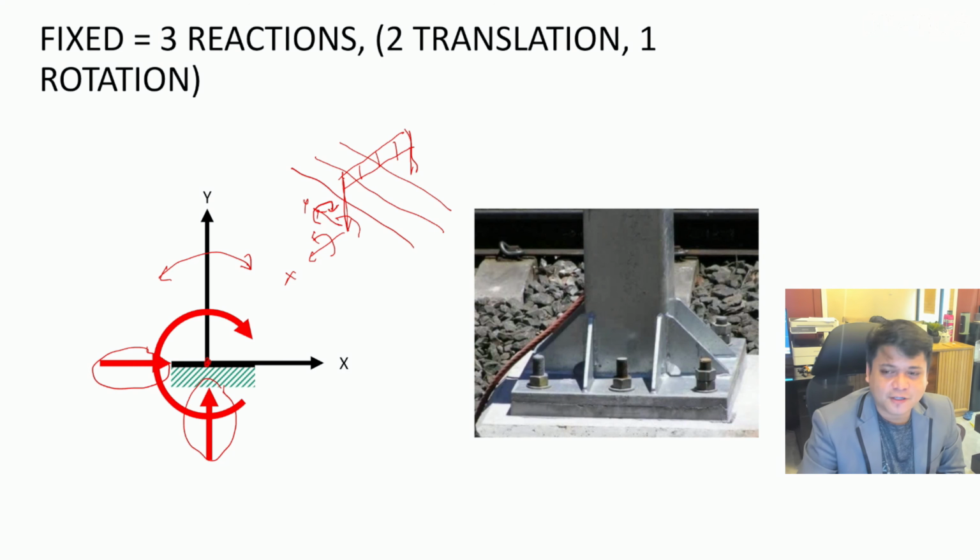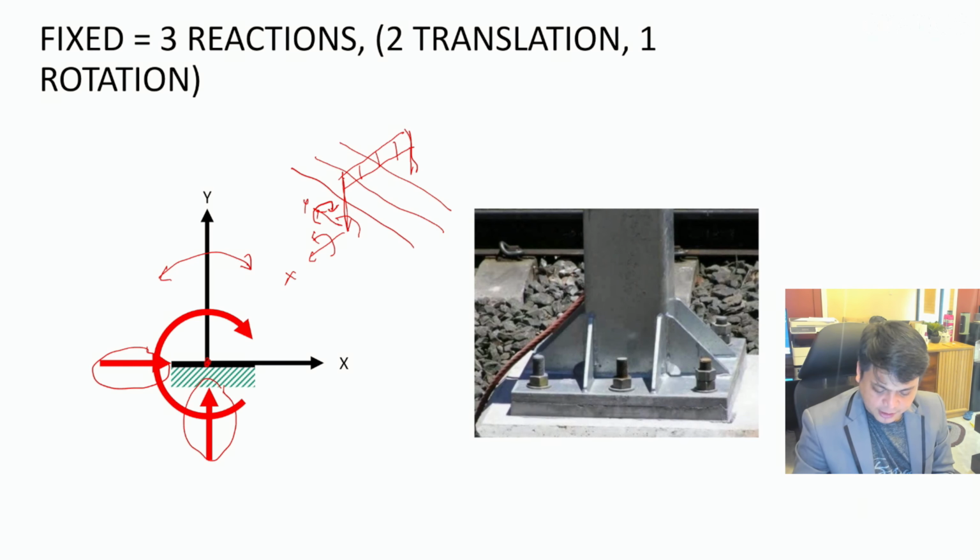We will go further into that in your theory of structures subject. But for now, for coplanar forces with a fixed support, you have three reactions: vertical, horizontal, and rotation. And then we will move on to the other types of supports in structures.